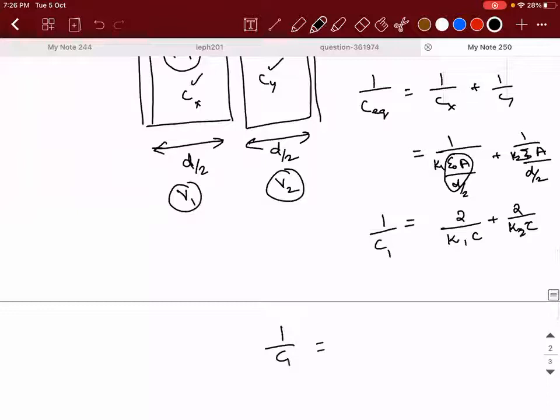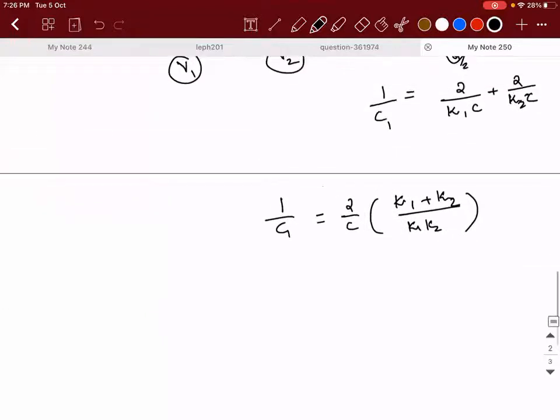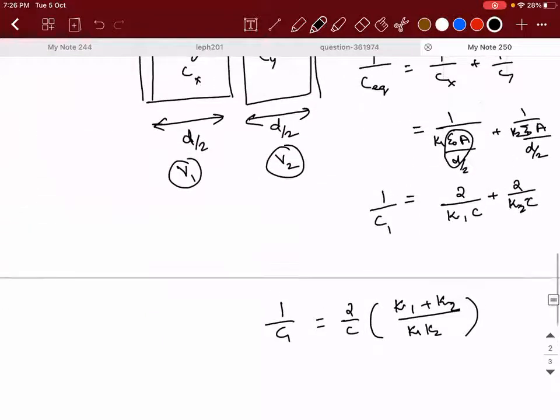So 1 by C1 is equal to, if I take LCM, what will I get? 2 divided by C into kappa 1 plus kappa 2 divided by kappa 1 kappa 2. Did I miss the 2 somewhere? One minute, I made a mistake again.